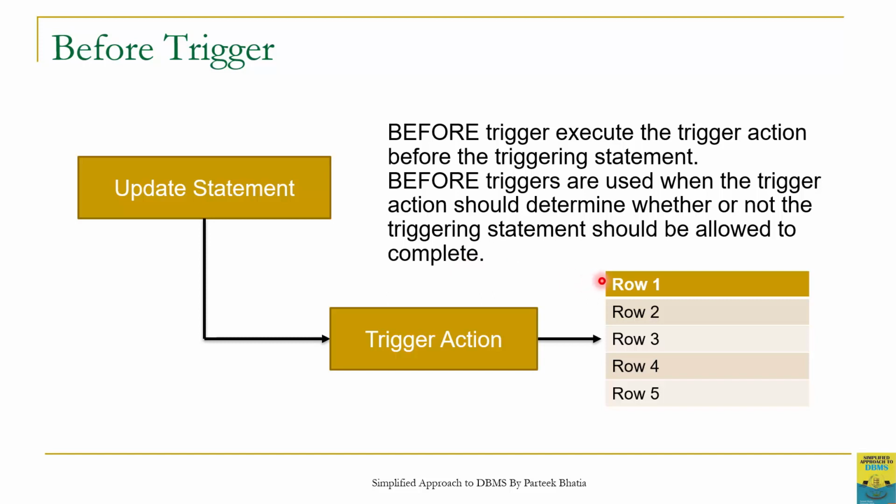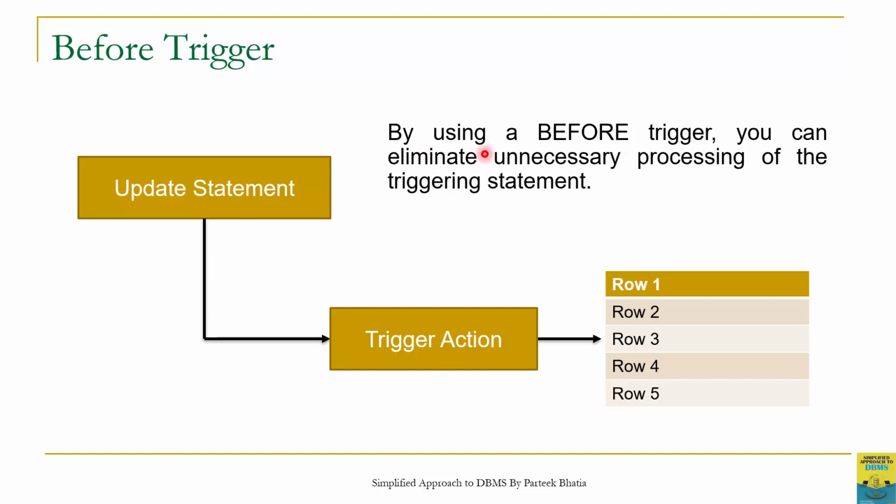It means before updating these 5 rows of the table, trigger action is performed, and this trigger action decides whether to perform this updation of records or not. So we can conclude that by using before trigger, you can eliminate unnecessary processing of the triggering statement.